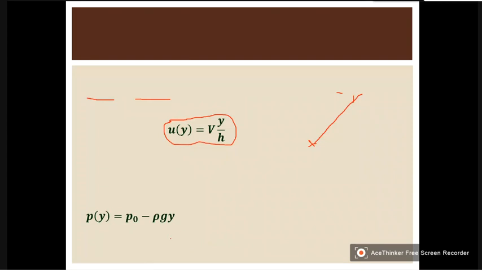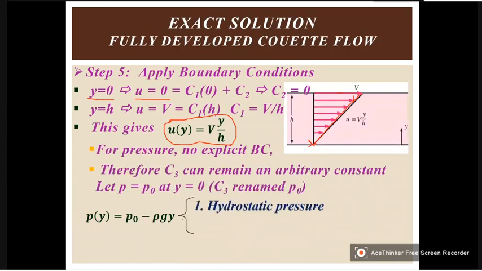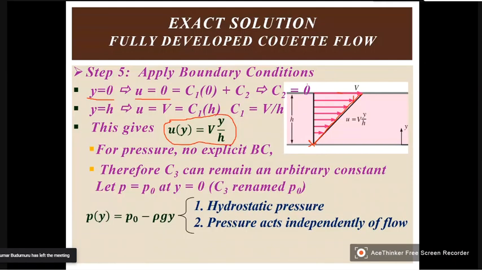Now, why we have written this as minus rho G y, the reason I will tell you. We are measuring vertically upwards. Now we know that the pressure reduces in the upward direction. So therefore, to account for that, we have introduced a minus sign.